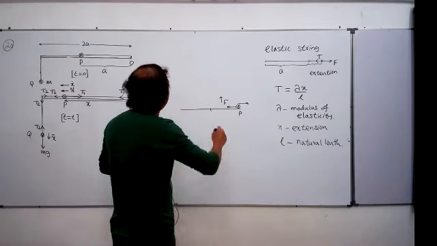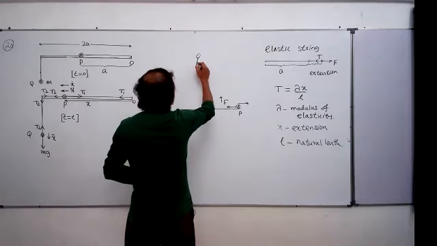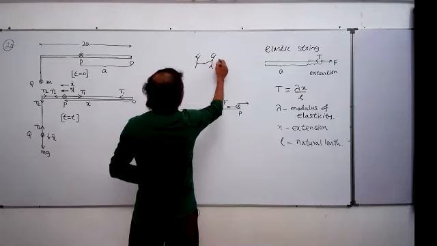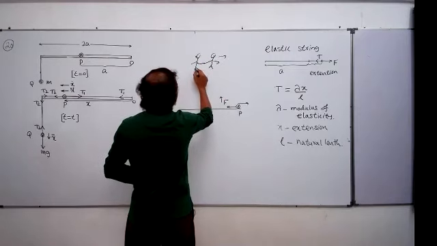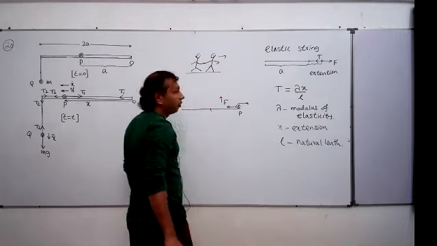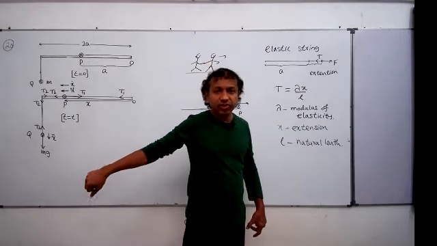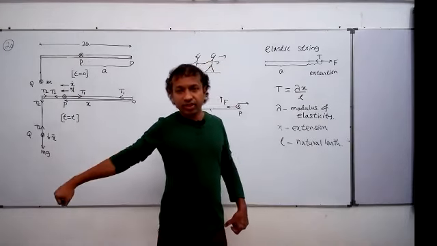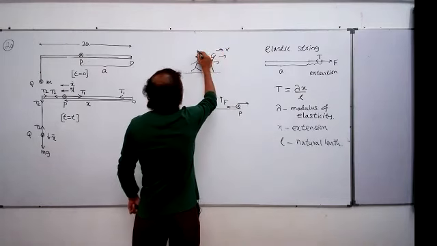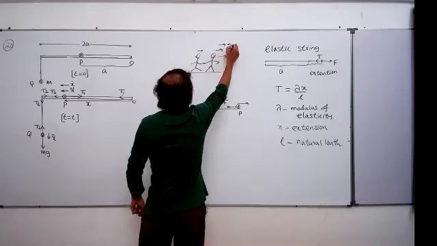The reason is, suppose a girl and a boy are moving this way, keeping like this, holding their hand. What can you say about the velocity of this boy and the girl? What can you say about the acceleration of the girl and the boy?